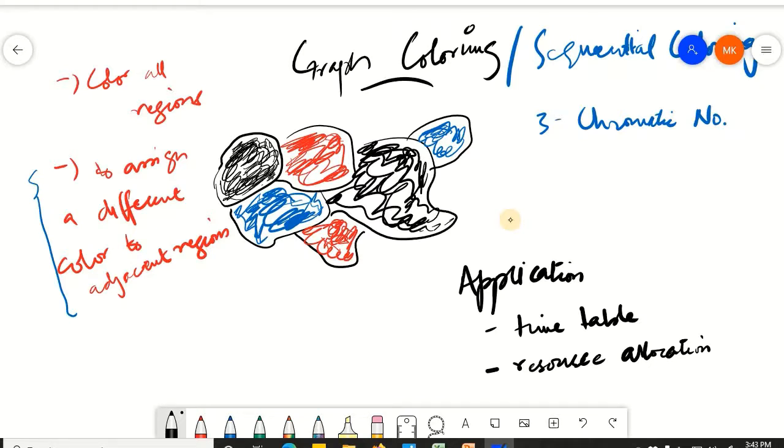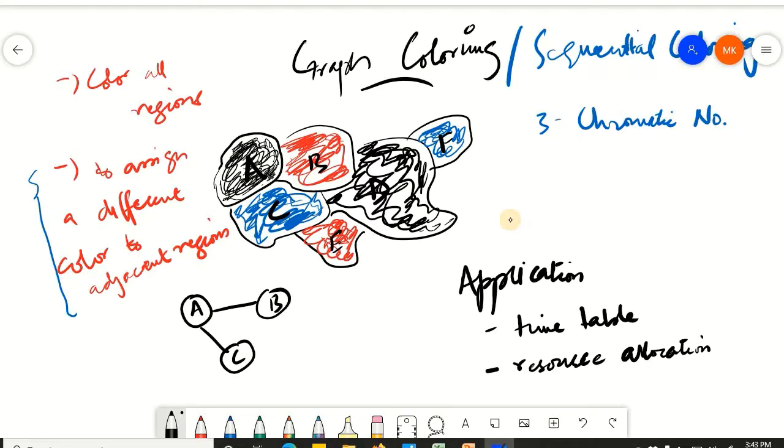Now if we look at this map of these regions, we can represent this as A, it may be B, it may be C, D, E, and F. So we have assigned a different label to each of these regions, and we can actually represent it in the form of a graph. So we have A having a common border with B and C, so we can represent that with the help of these edges.